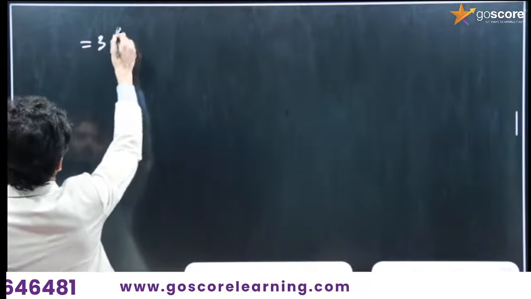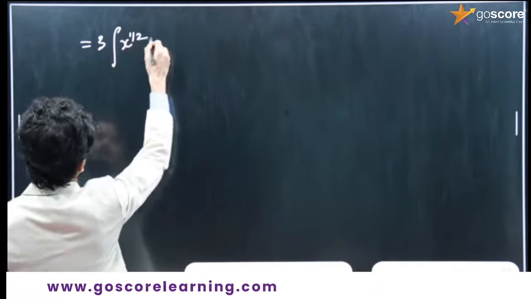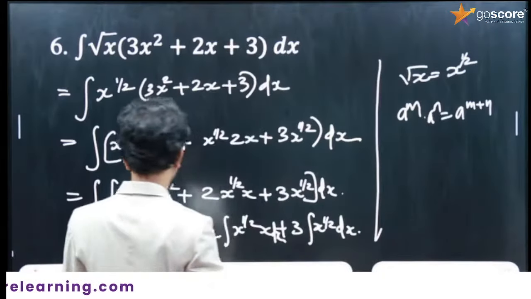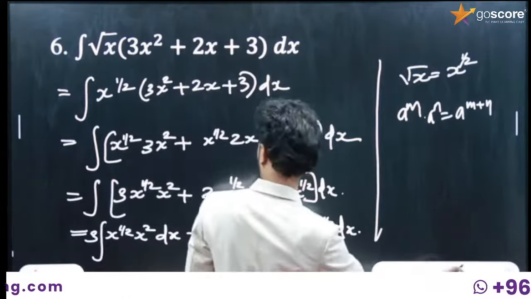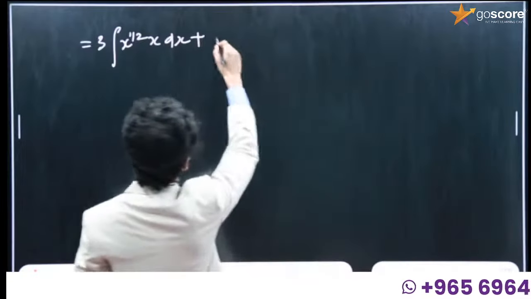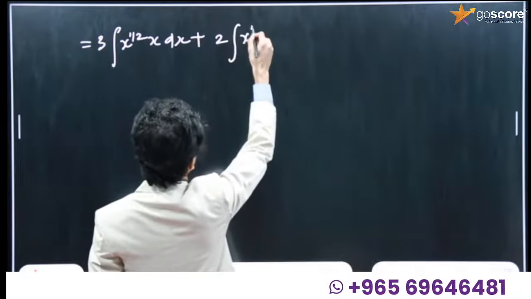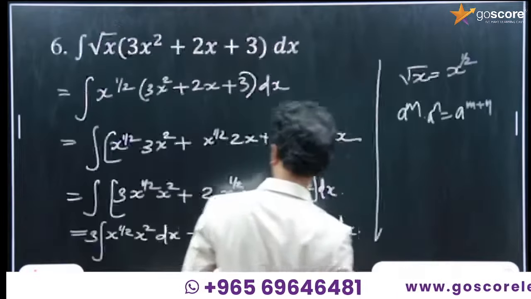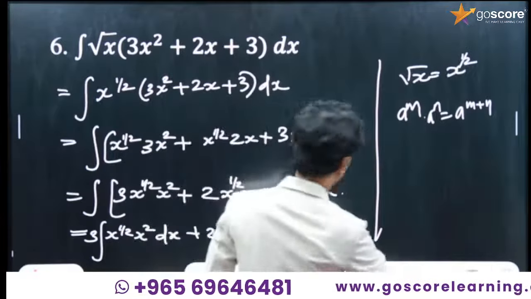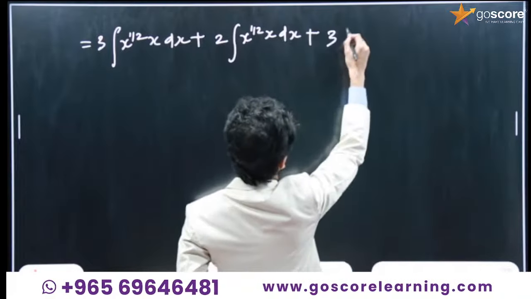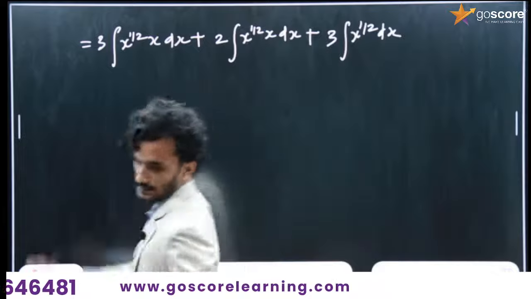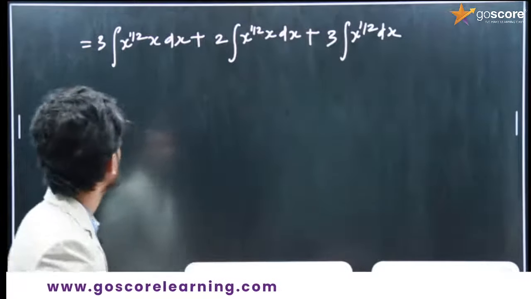Second, I am writing this one: 3 into the integral of x raised to 1 by 2 into x square dx, plus 2 into the integral of x raised to 1 by 2 x dx, plus 3 into the integral of x raised to 1 by 2 dx.